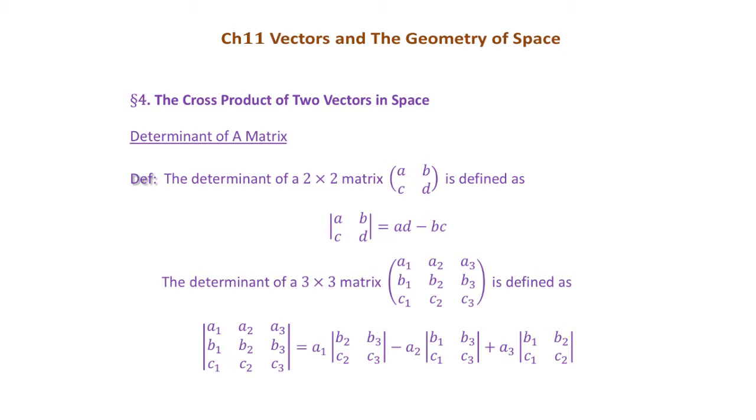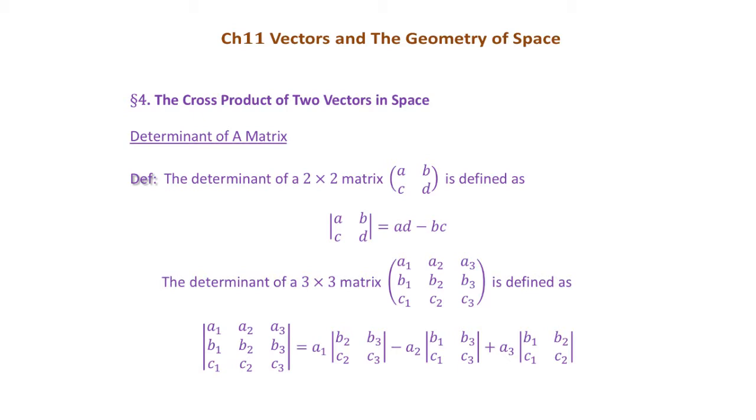So the determinant of this matrix is denoted by vertical bars instead of the parentheses of the matrix. And sometimes people also use det of the matrix. For example, if I call this 2 by 2 matrix A, capital A, then we can write det A to mean the determinant of that matrix.